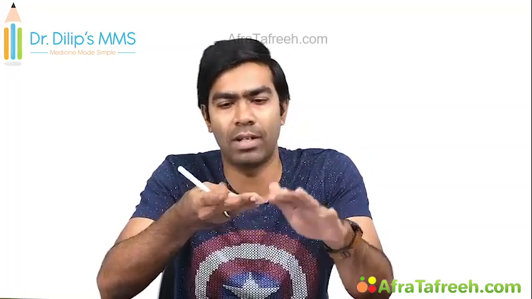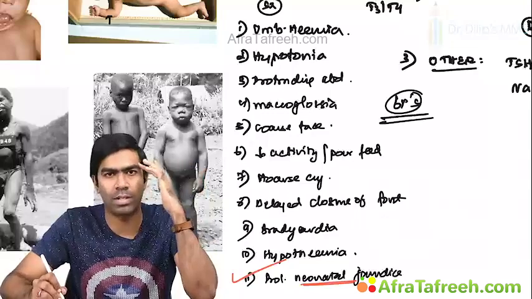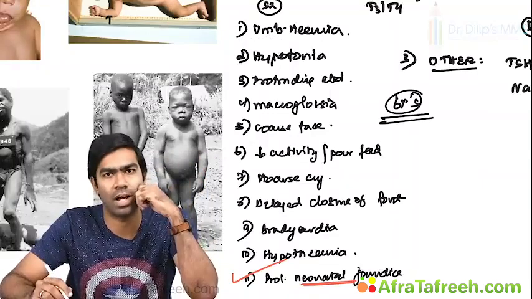Obviously, we know that. And finally, they will be pale. So these are the 6 P's that you have to know: pot belly, then protruding umbilicus, then pale, puffy face, and poor brain development, and protruding tongue. That's because of macroglossia. So there are 6 P's that you can remember for remembering the congenital hypothyroidism, right?